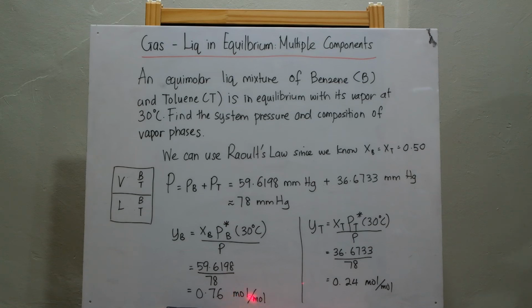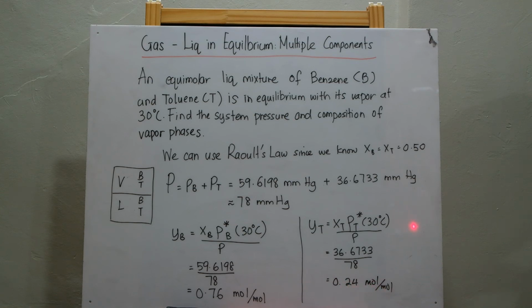To obtain toluene, because this system only contains two compounds, we can either use 1 minus 0.76, or do the same calculation as for benzene. Then we obtain the composition for T equivalent to 0.24 mole per mole.